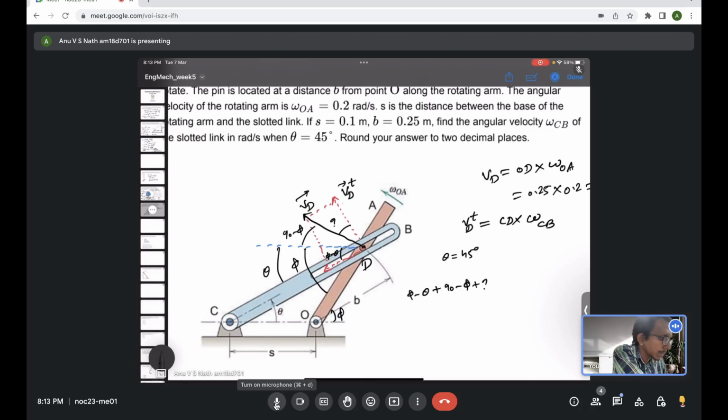The total should be 90, so if you solve for this, we get the unknown value to be exactly equal to theta. Let me verify that.